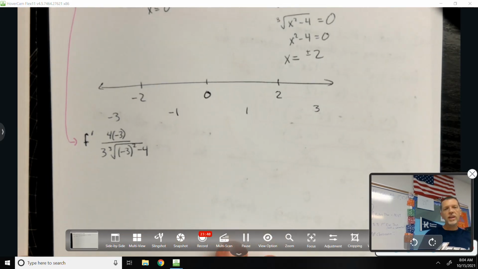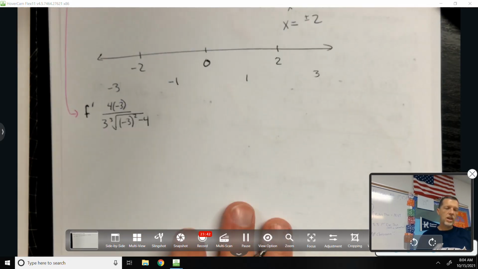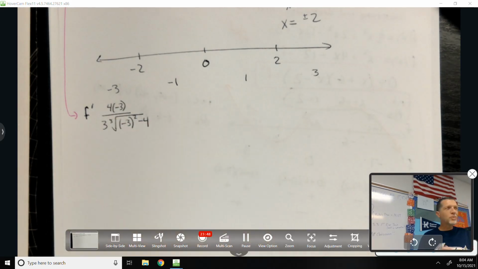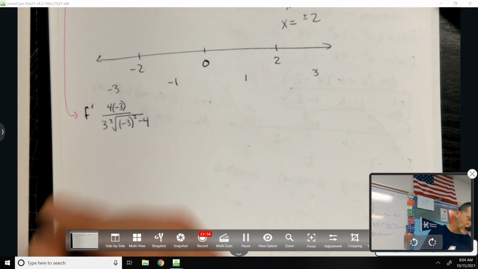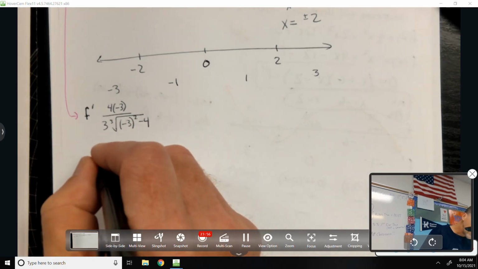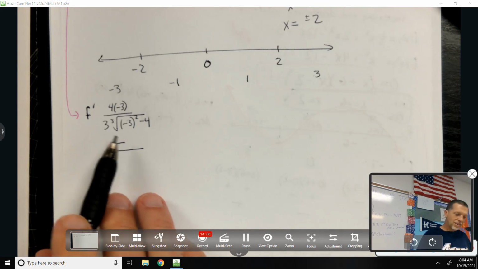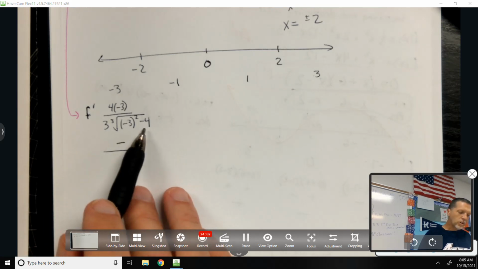So I plug in negative 3. And again, all I care about is positives and negatives. So if all I care about is positives and negatives, what's 4 times negative 3? Negative. Good. In the bottom, 3 doesn't matter. 9 minus 4 is 5.